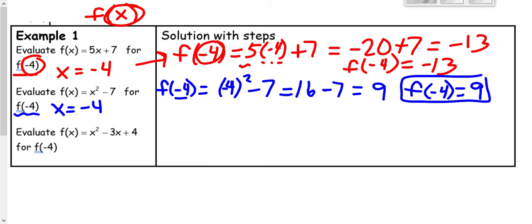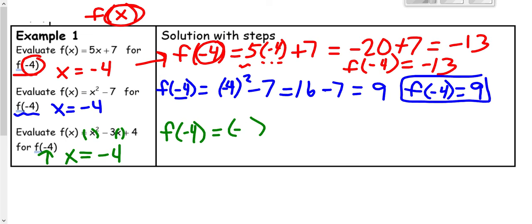Let's look at the next one. F of x, there's two x's in this one. And so that means we're going to say that for both of those x's, we're substituting -4 because we're still evaluating f of -4. So I can say f of -4 equals -4 squared minus 3 times -4 plus 4.